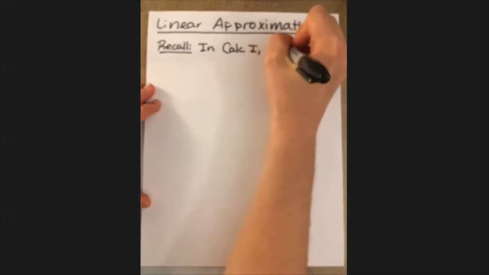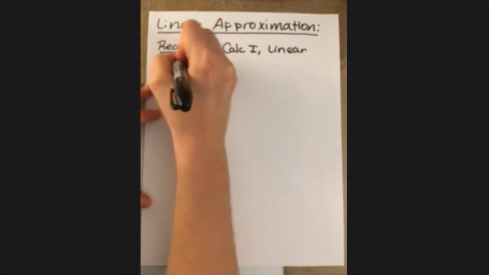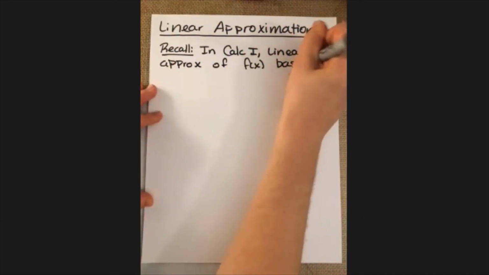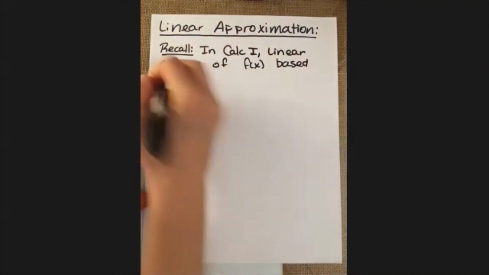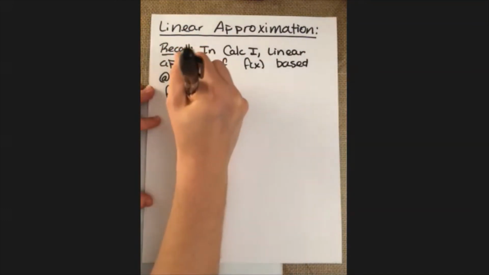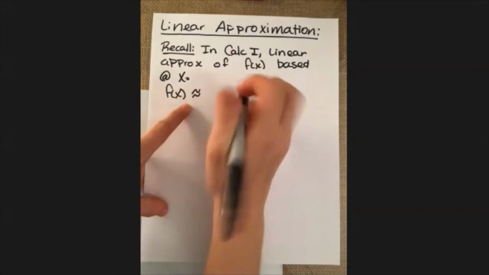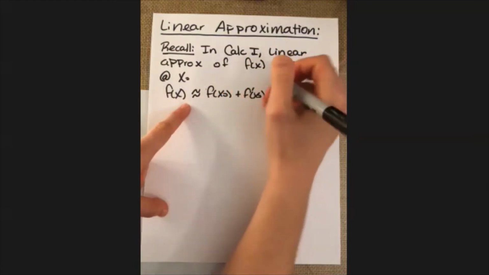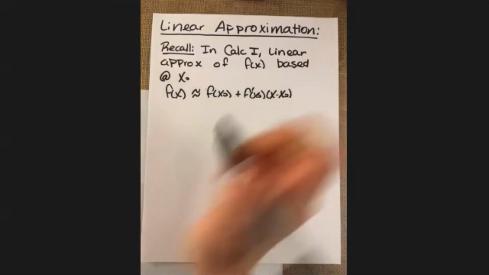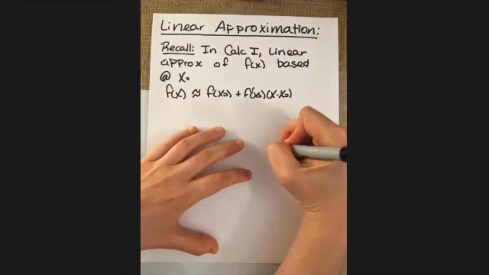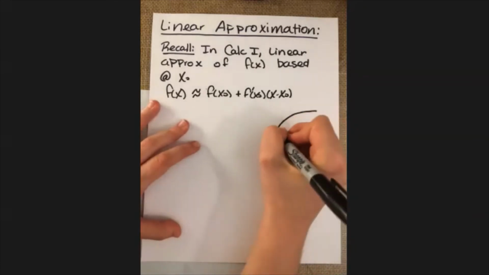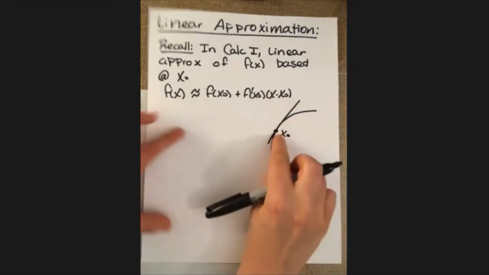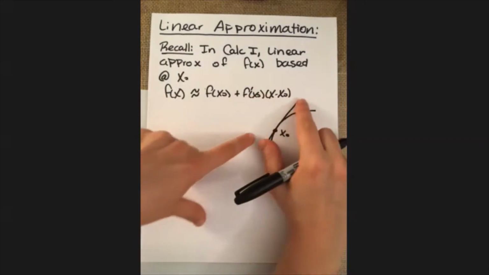We have a linear approximation of f of x based at x naught, and that is approximately equal to, so if we have some value x, we can say that it's approximately equal to f at x naught plus f prime at x naught times x minus x naught. And really all this is doing is saying, okay, we have this curve, and we have our base point x naught and a tangent line at x naught, which is what this equation is, just the equation for this whole tangent line.